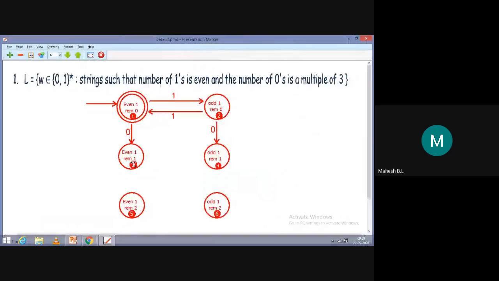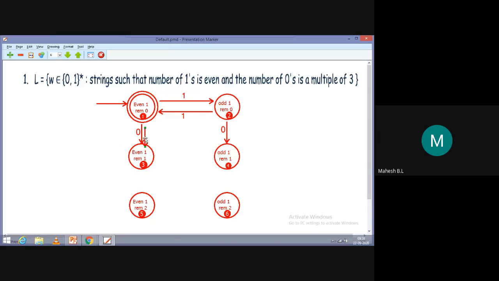State 3, input symbol 0, you're going to make a transition to state 5. Yes. So input symbol 0, you're making a transition from 3 to 5. So when the input symbol is 0, the remainder changes from 1 to 2 when the number of zeros is increased by 1.